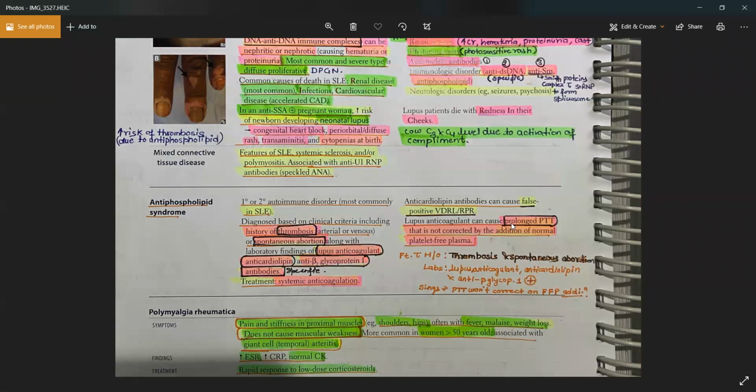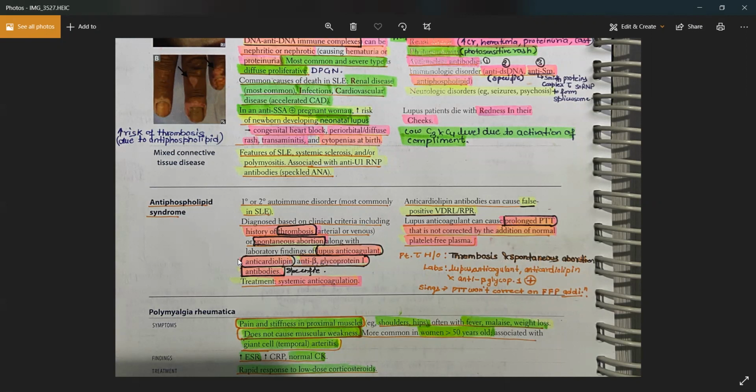Multiple miscarriages would be there, right? So in patients with the history of thrombosis and spontaneous abortion, you can think about the antiphospholipid antibody syndrome. You will have some findings of the lupus anticoagulant present. You will be having an anticardiolipin positive, which means you can get what type of test positive?